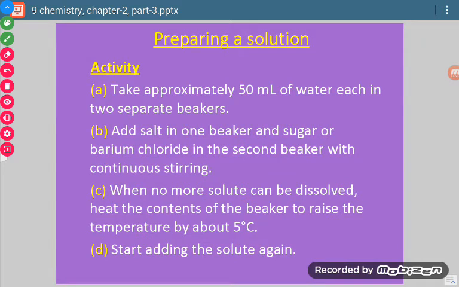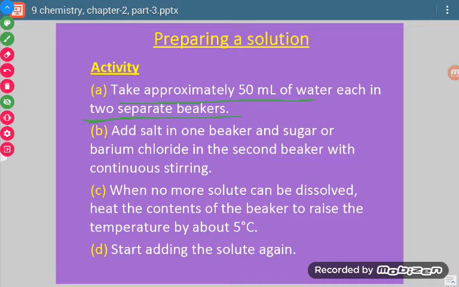This activity is to prepare a solution. So, first of all, we will take approximately 50 ml of water in separate beakers. Since we are taking three different compounds, we can take three beakers.